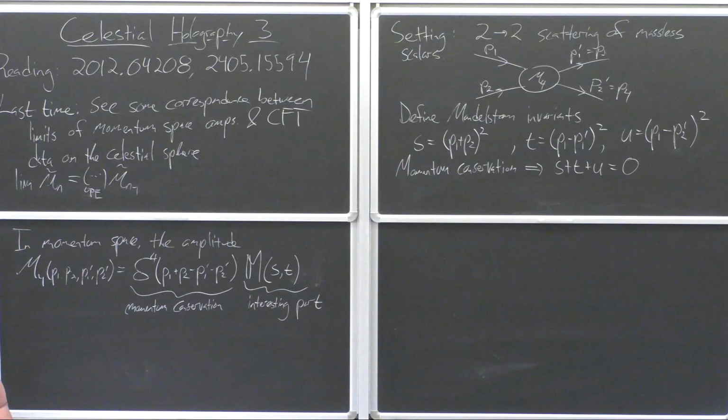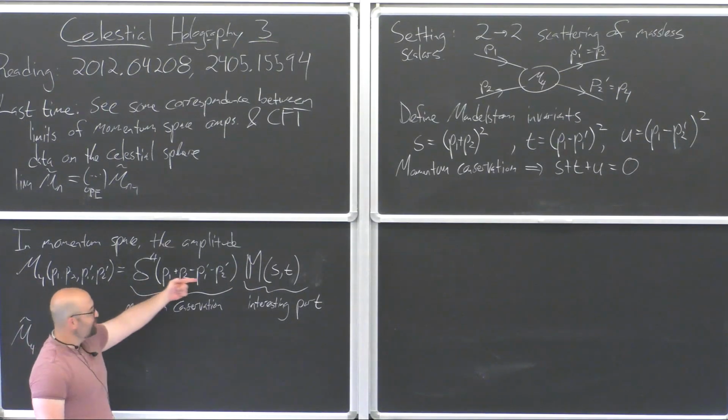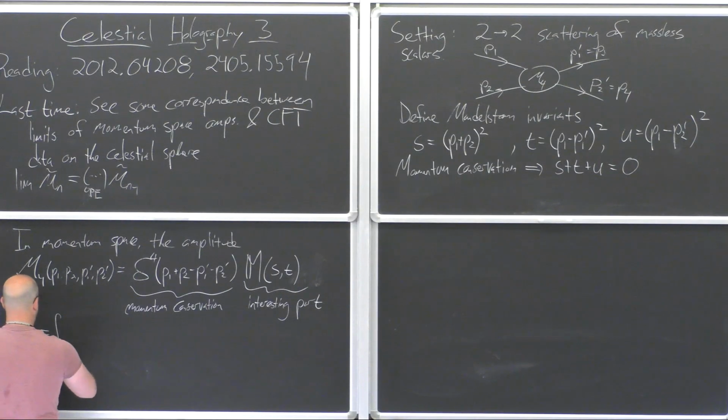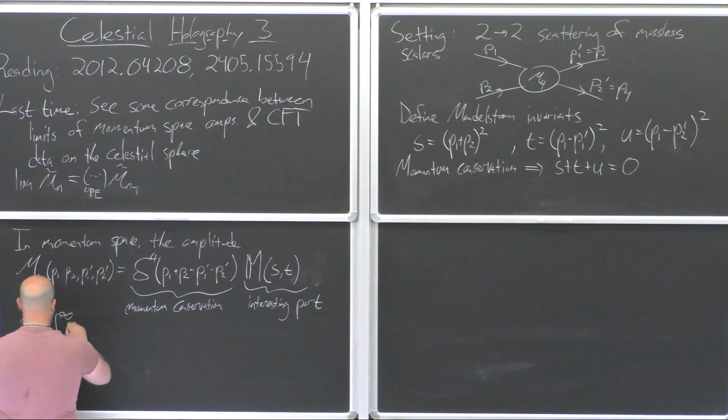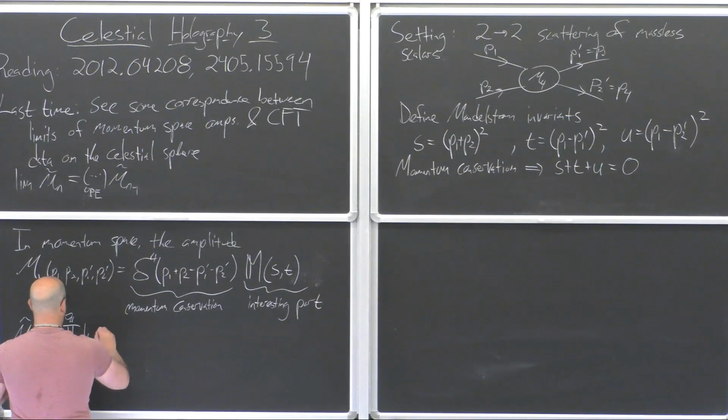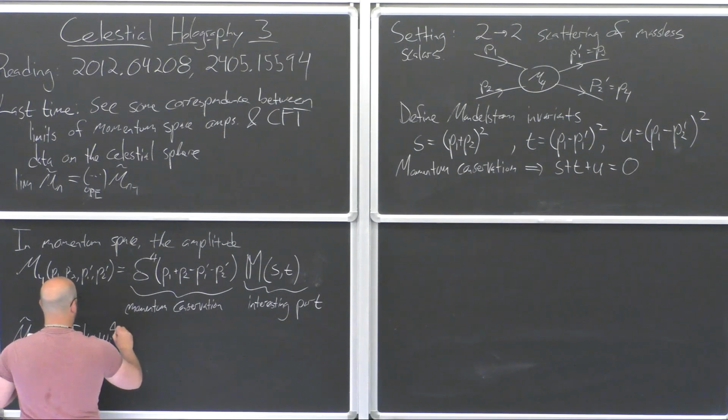So if we want to define the celestial amplitude associated to this guy, the prescription is that we just Mellin transform in all 4 of the frequencies of the particles in the game here, right? So this is just equal to the integral from 0 to infinity, product i from 1 to 4, d omega i, omega i to the delta i minus 1.